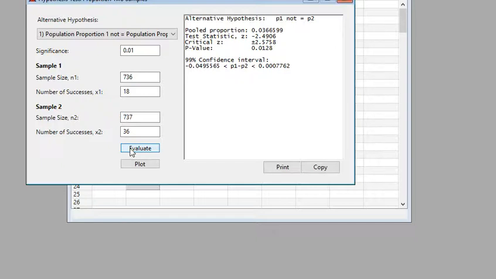Ooh, interesting. All right, so our p-value is 0.0128.